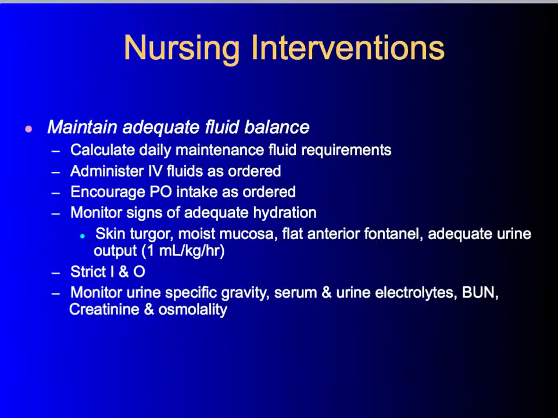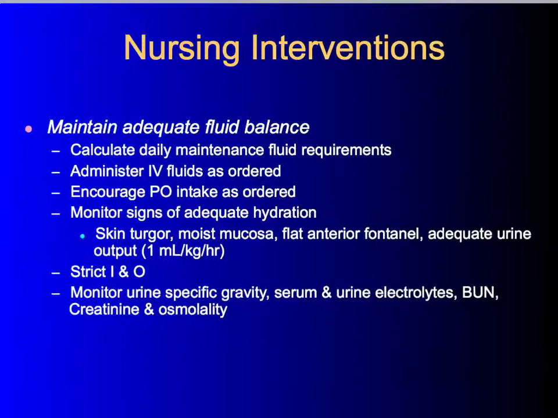We want to maintain adequate fluid balance: calculate the daily maintenance fluid requirements for the child, administer IV fluids as ordered, and encourage PO intake as ordered. Monitor for signs of adequate hydration. The best single method for monitoring hydration status is a daily weight.